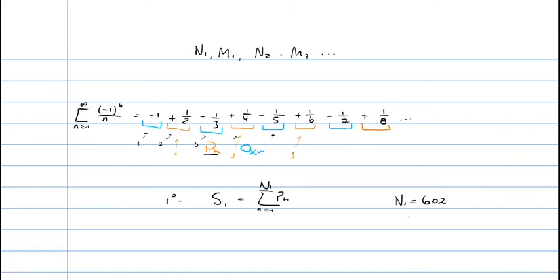So when we got n equals 602, we actually got n equals 301. So our sum is from n equals 1 up to 301 of p sub n.